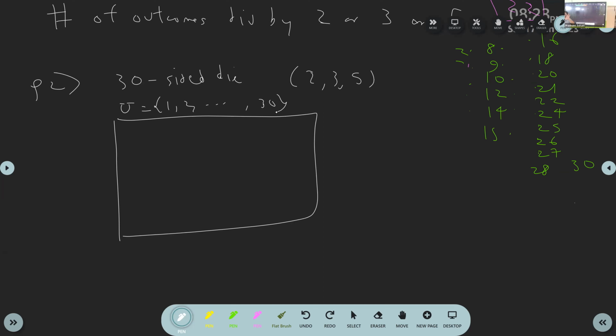Now inside that, I will consider one set of all numbers divisible by 2. Okay, so let me call that set A. Then another set B will be there.